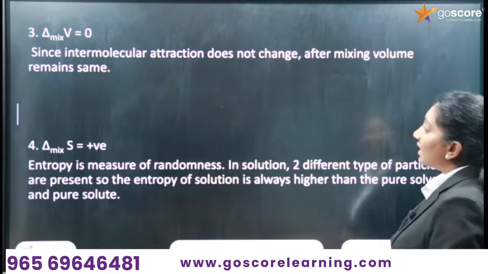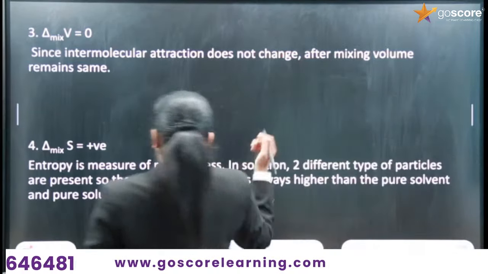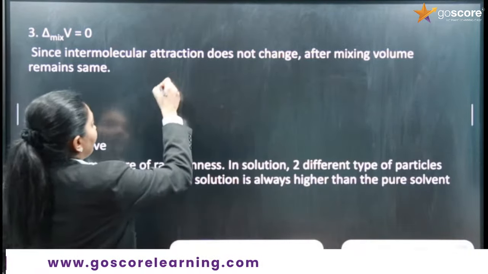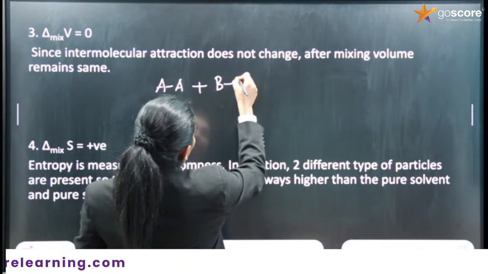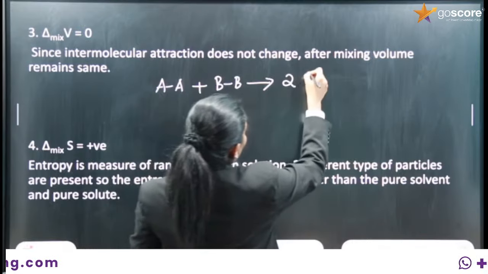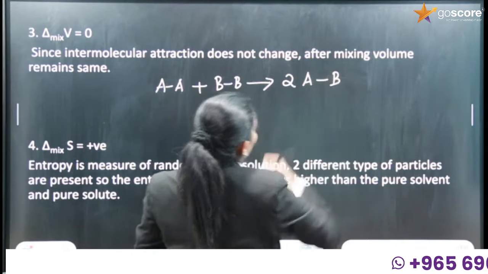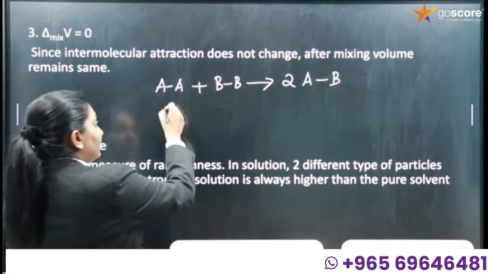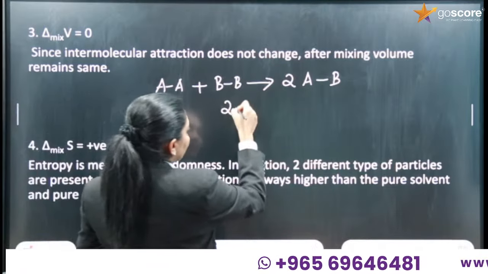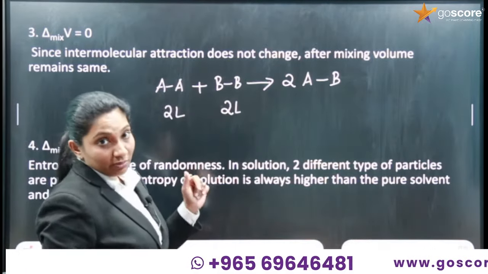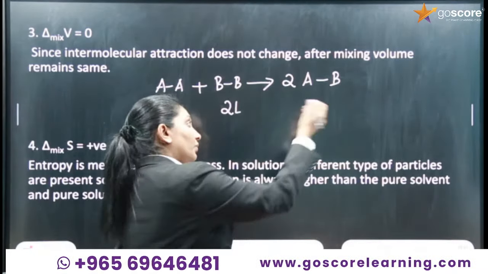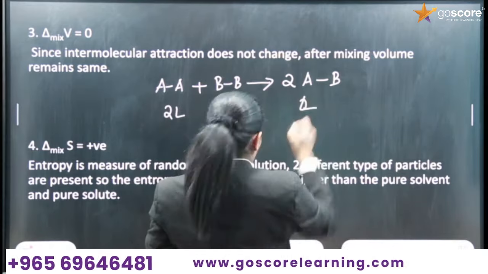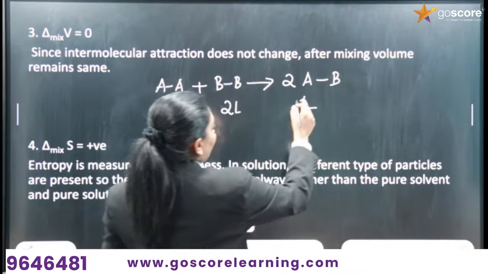And the third one is, for an ideal solution, if you are taking A plus B leading to the formation of solution AB. Here if you are taking 2 liters of A and 2 liters of B, the interaction between AA, BB is equal to that of AB, right? So here the product formed will be what?